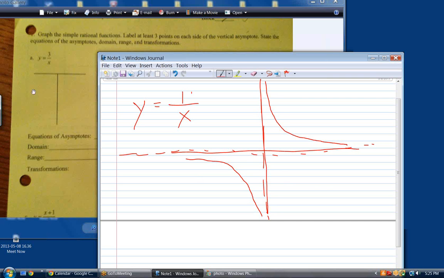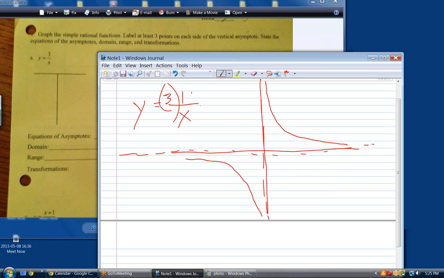So the graph of y equals 3 over x is merely this times 3. So that would be what in terms of describing it? It wants you to state, let's label at least 3 points on each side of the vertical asymptote. So let's find 3 points over on the right.